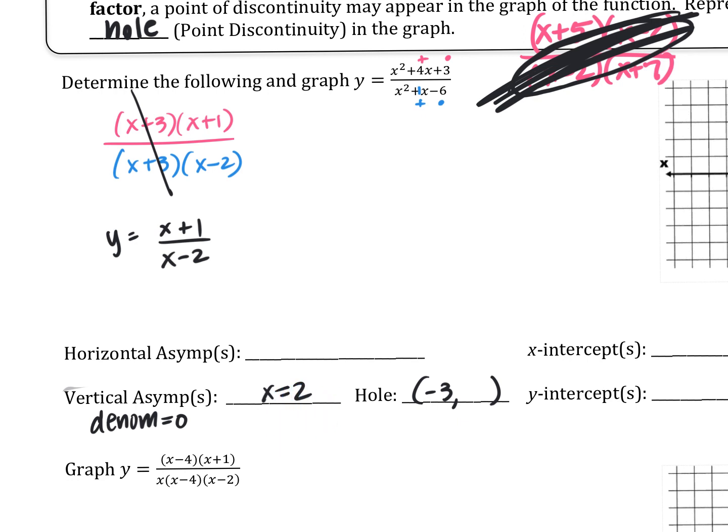Here's what I want to do. This is where I'm taking you a little further than my other classes today. This hole, we got to figure out exactly where the hole is located because our calculators are the worst and it's not going to show you the hole. Check this out.